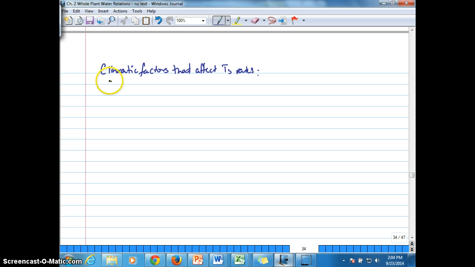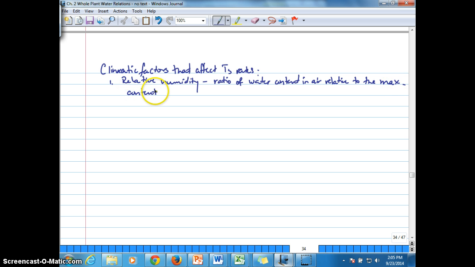So first we start with relative humidity. It seems to have the greatest effect on the vapor pressure gradient, and it's defined as the ratio of water content in the air relative to the maximum content that air can hold at a given temperature.